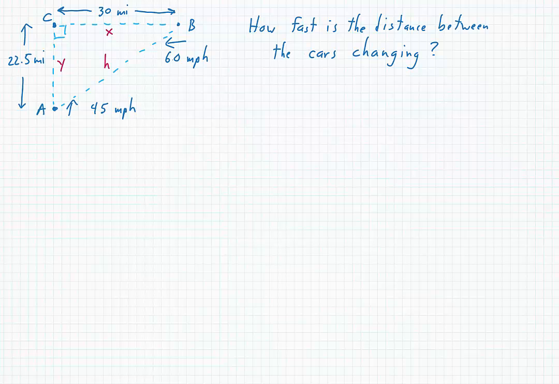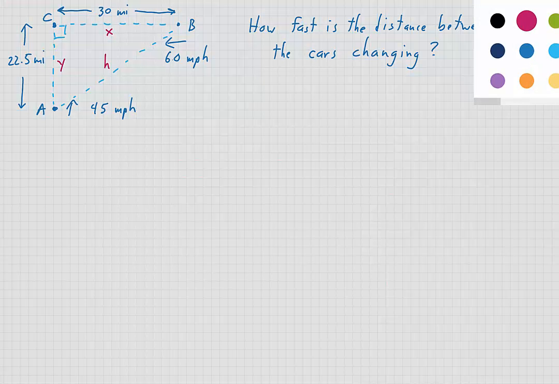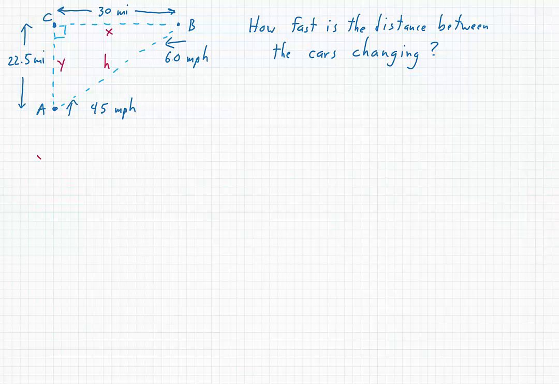So since we have a right triangle and we're looking at all four sides here, it might be useful to consider the Pythagorean theorem. So we can write that x squared plus y squared is equal to h squared.